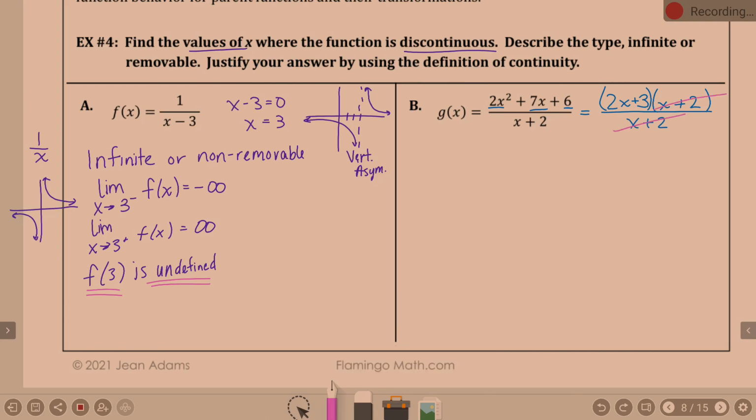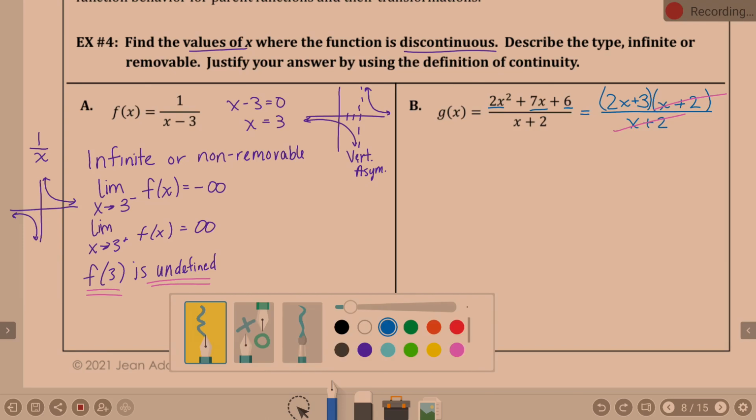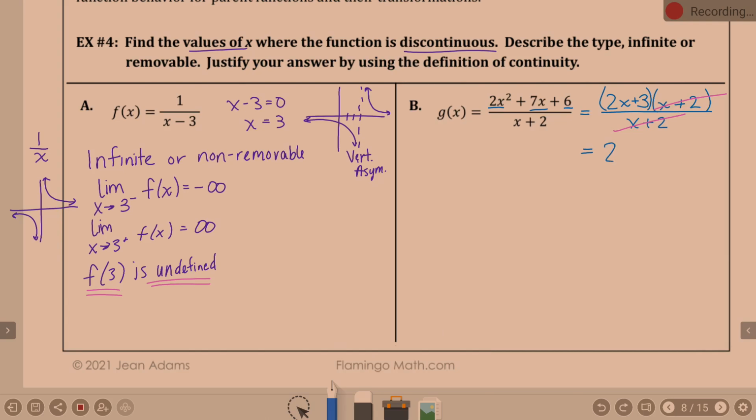We have a canceling factor here, don't we? Okay, so, thoughts? There's a hole? Okay. And keep in mind, this now just becomes 2x plus 3, doesn't it? Okay.